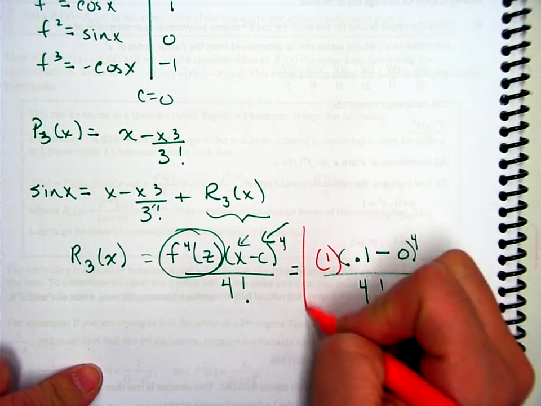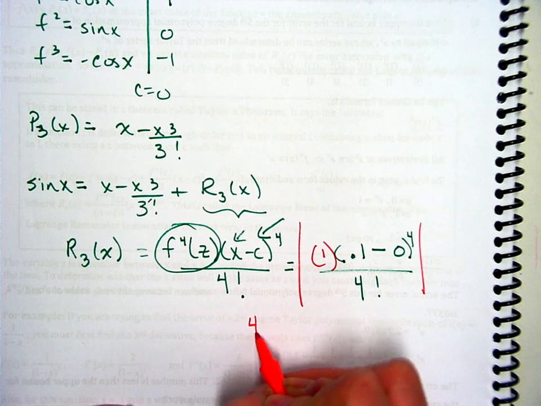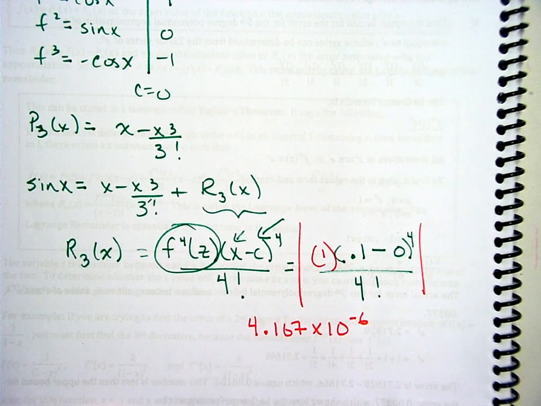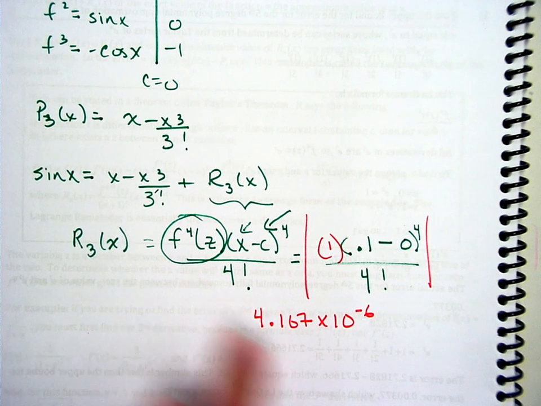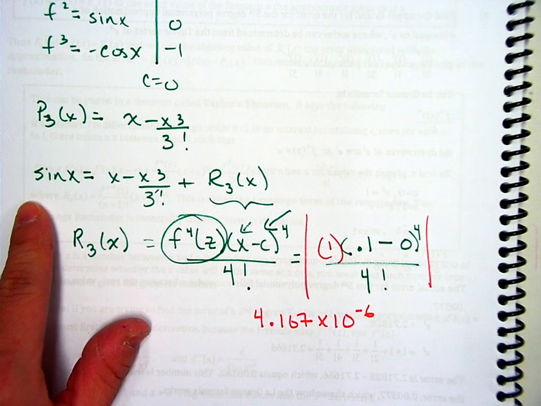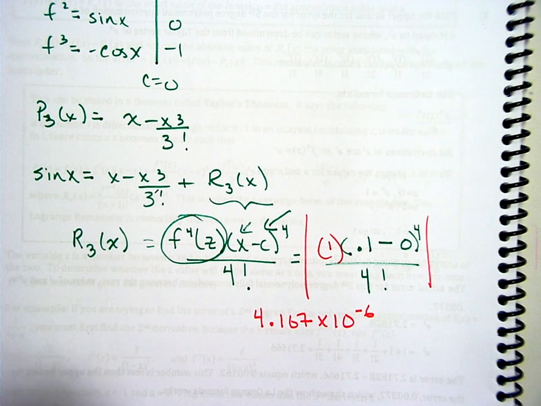So whatever this value is going to be the biggest error bound. And if you type this in your calculator, we're going to need to use scientific notation. This is the error bound associated with just using a third degree polynomial to approximate sine of x. So notice if you actually write these numbers out, it's 0.0004167, so that's a pretty small error bound.